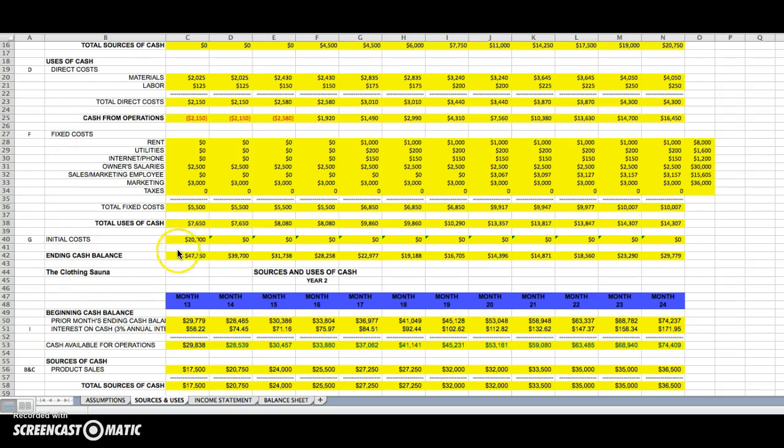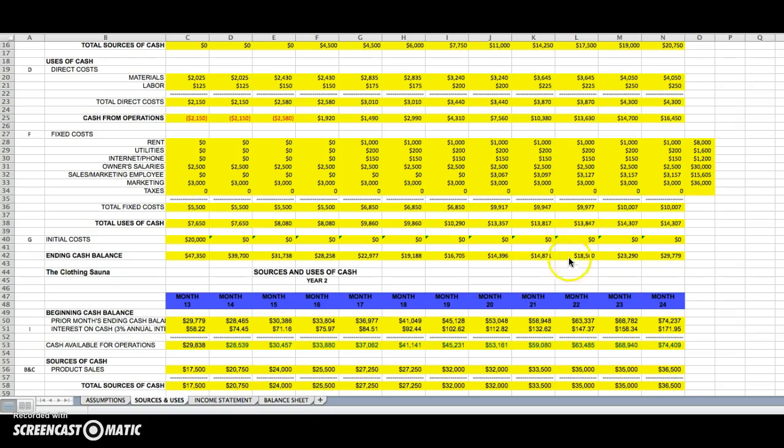And our ending cash balance, if you remember, we started with $75,000. We had the initial cost of $20,000 for the equipment and lawyer patent fees. So that's where you start to see the decrease, and the ending cash balance continues to decrease because of everything that's going into the business.